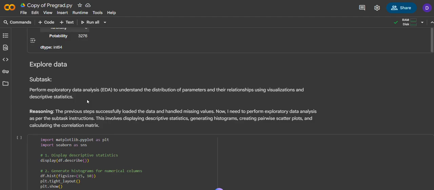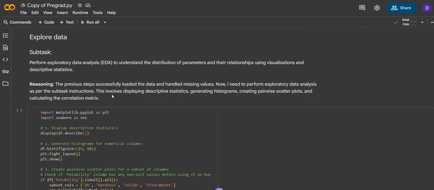That means we are taking into consideration each column, and we are making a correlation or linear regression on the basis of the potability column, which is not given, but that should be our parameter. Here, we will explore how the potability column is related to all the other columns, the pH, the hardness, the solids, and so on.